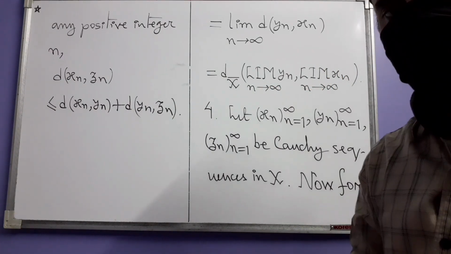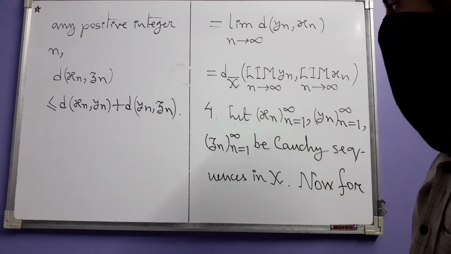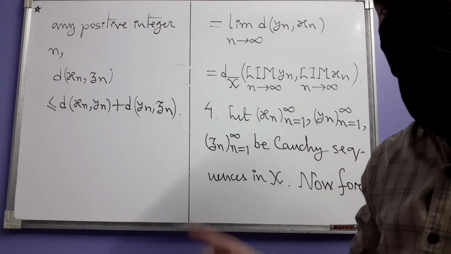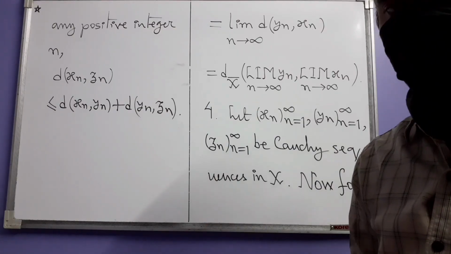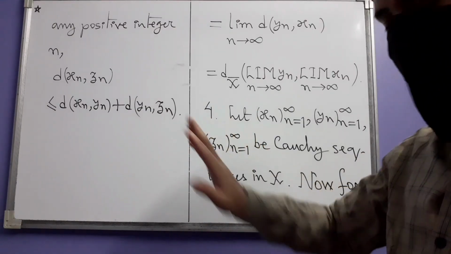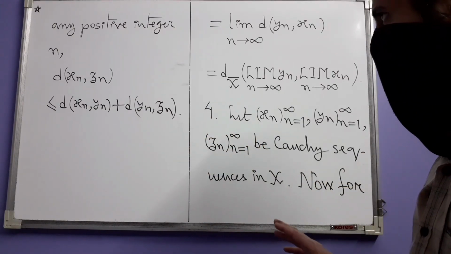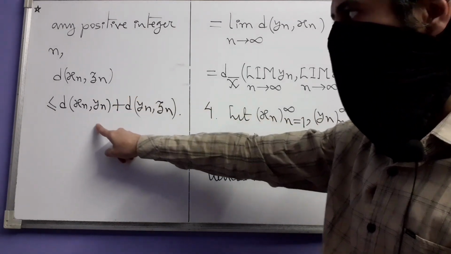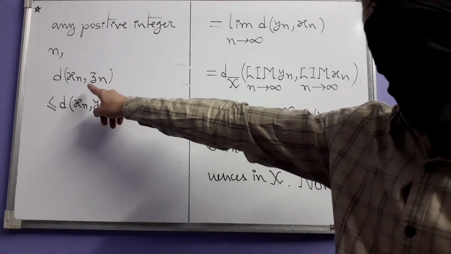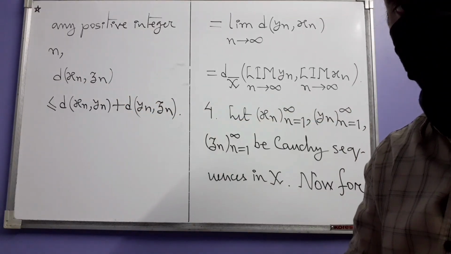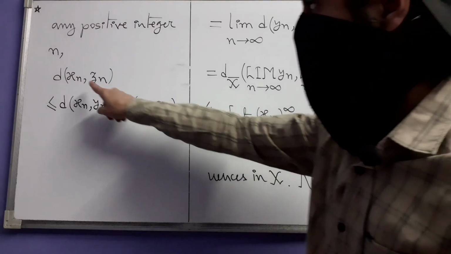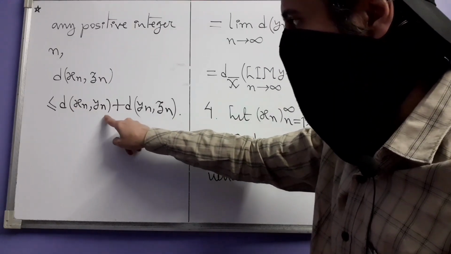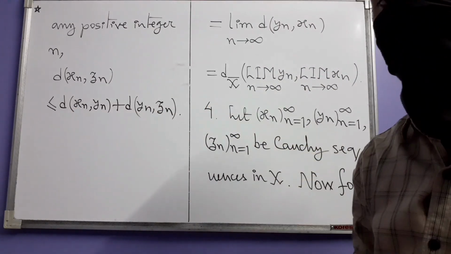And finally, number 4, triangle inequality. For that we have chosen 3 Cauchy sequences in X. We could have straight away taken formal limits also, but here this becomes necessary. So for any positive integer n, we have the triangle inequality for the metric d. d is already a metric which is with us. d of xn comma zn is less than or equal to d of xn comma yn plus d of yn comma zn.